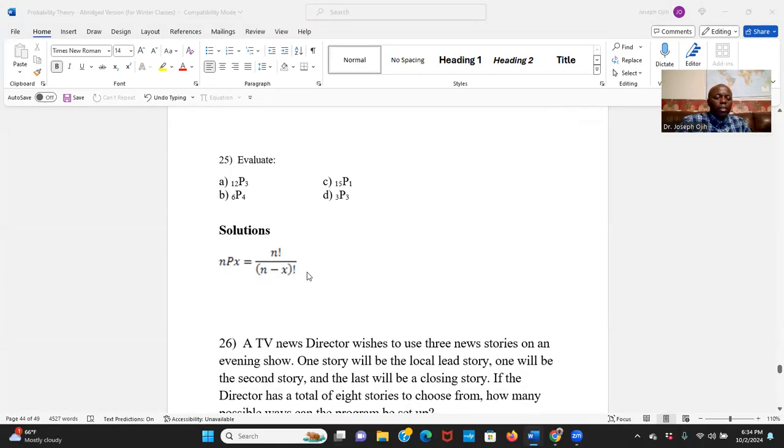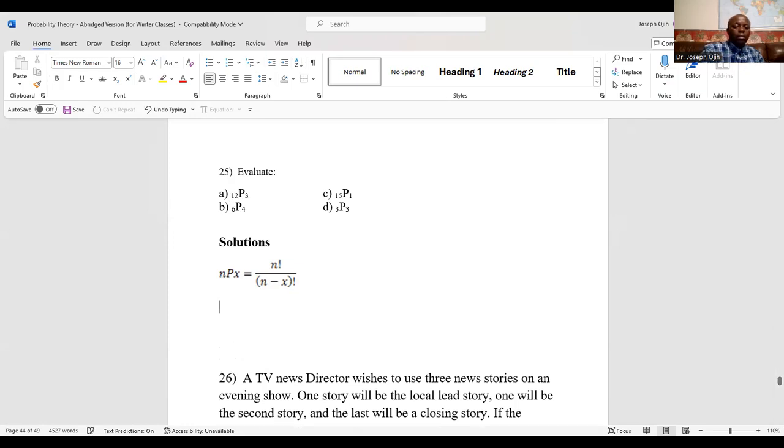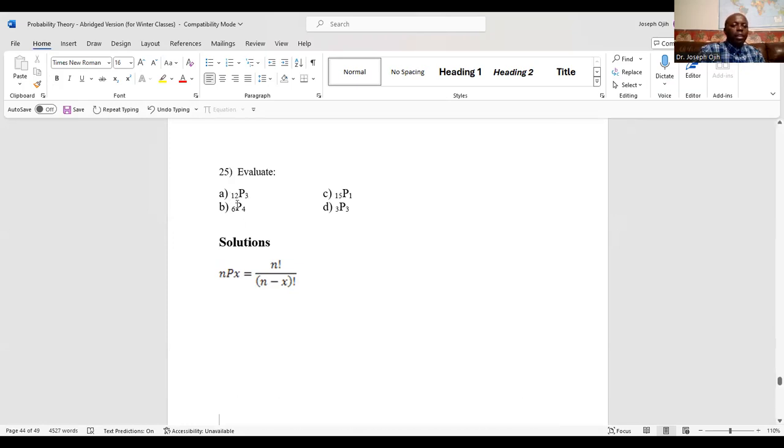Now the question says evaluate this. So let's start with the first one. The first one is A, and A says nP3, that is 12 permutation 3. Let me make it big.